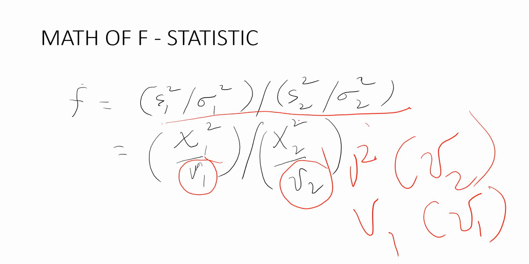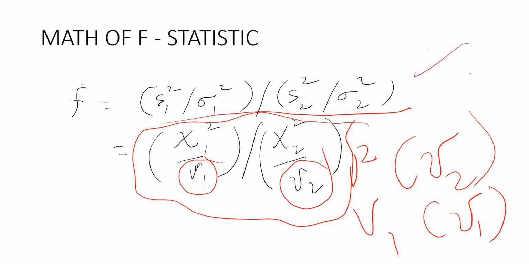So this equation is really important in terms of chi-square statistics. This can be written as chi-1 square by nu 1, the whole divided by chi-2 square by nu 2. This is the math of F statistic in terms of chi-square statistics. There is a nice video on chi-square statistics. You can watch that video as well.